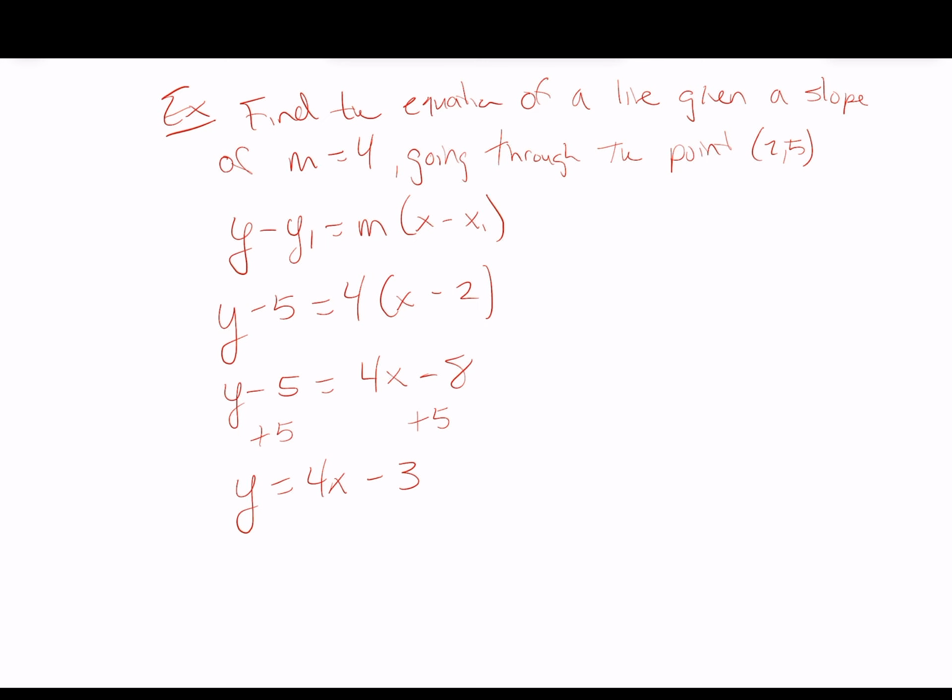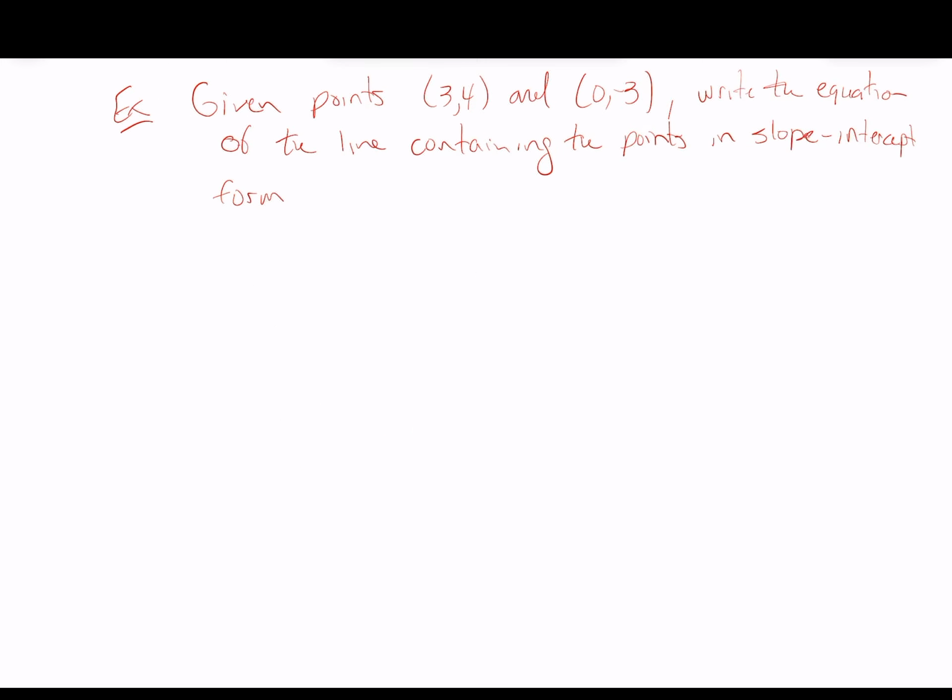Now, can we find the equation of a line if we're given 2 points? Well, let's try an example where we do that. In this example, we're given the points 3, 4, and 0, negative 3, and we are to write the equation of the line containing the points in slope-intercept form. Now, you may be thinking, well, I've been given 2 points.